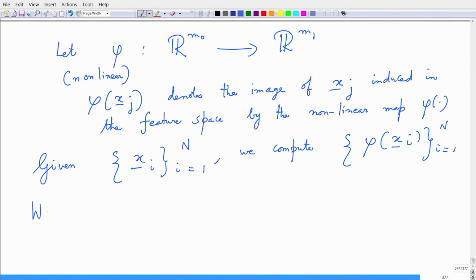So, we can compute a correlation matrix using the outer products of the images of these vectors in the feature space.